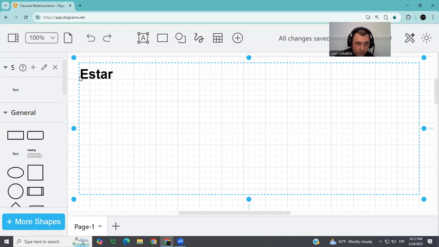It's not used for general ideas. So in English, you can say la niña, the female child, is sick because she doesn't wear a jacket in winter. Okay. In winter is a very general idea. It can be any winter. So we don't use the verb estar for general ideas.